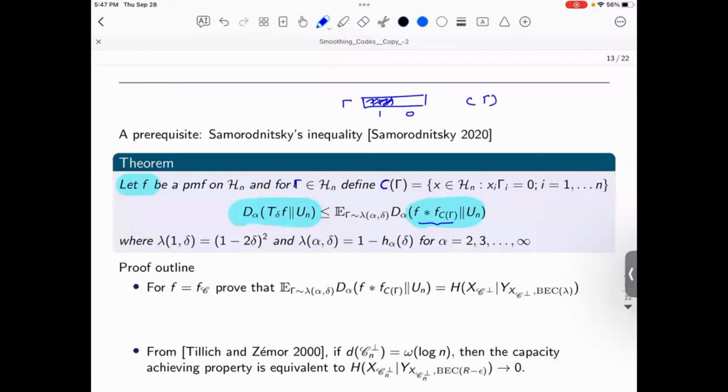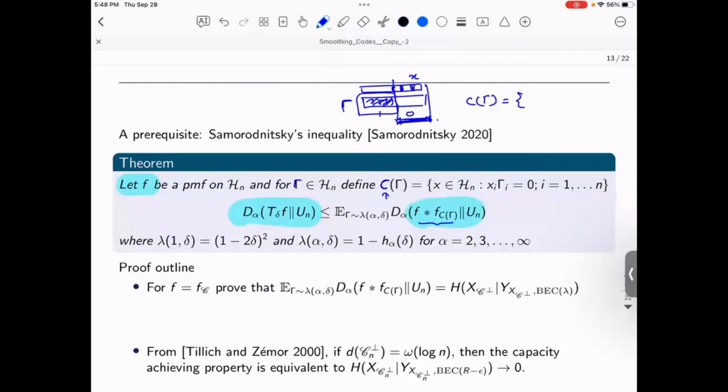So what C gamma contains is all the elements in Hamming space whose support does not cross the support of this gamma, whose non-zero bits are concentrated on this range.